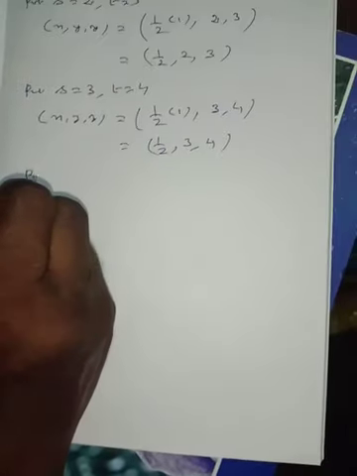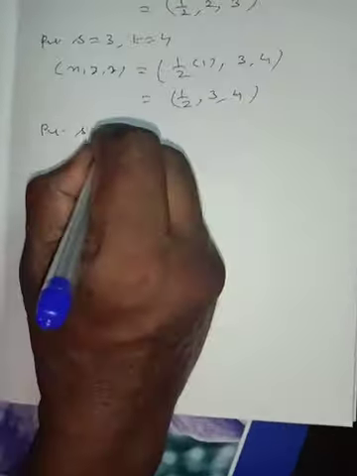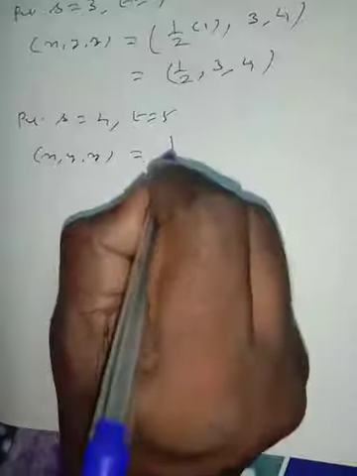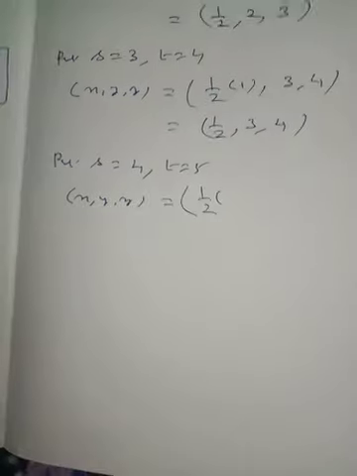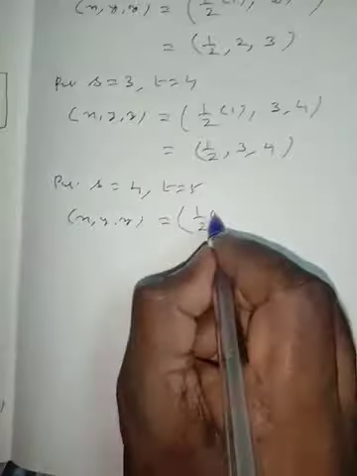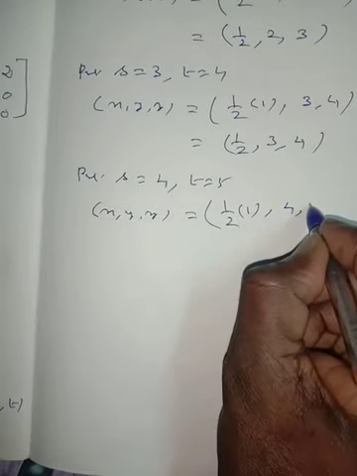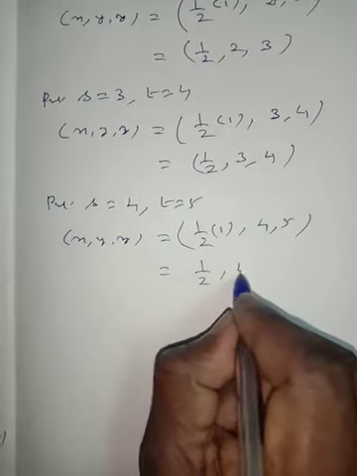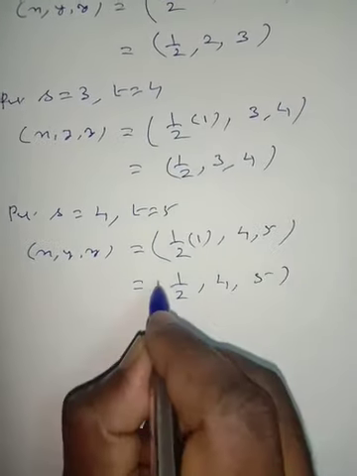Put s equal to 4, t is equal to 5. x, y, z is equal to 1 by 2 bracket 2 plus 4 is 6, 6 minus 5 is 1, comma 4, comma 5, is equal to 1 by 2, comma 4, comma 5.